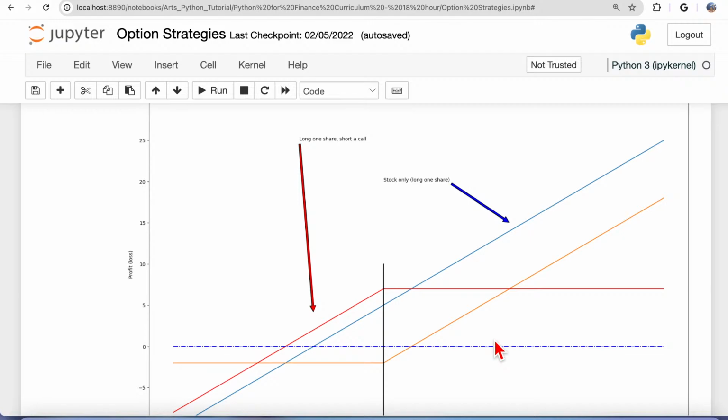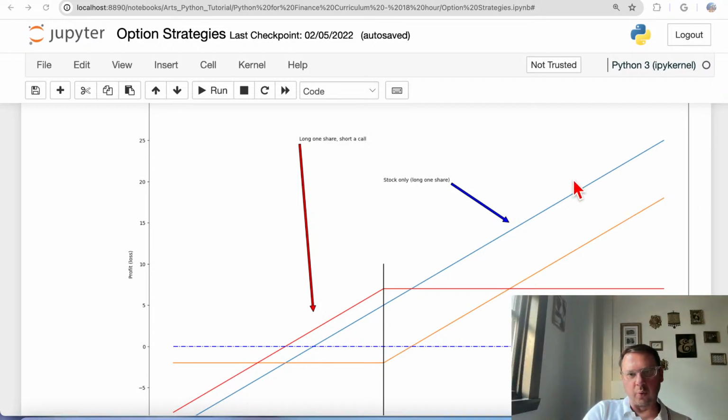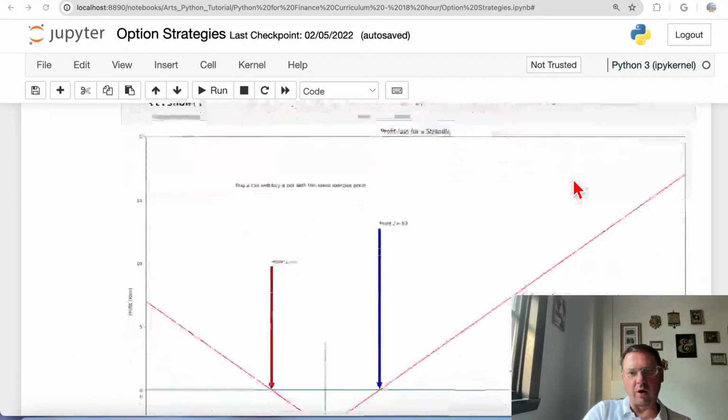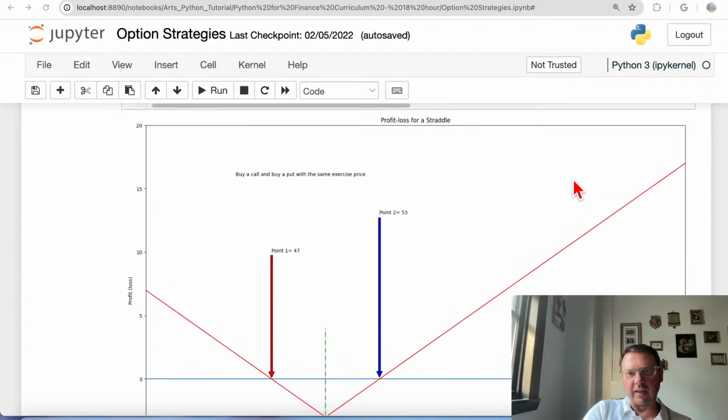And Python is a great tool that will help you with that, because you could scan thousands of prices just like that.